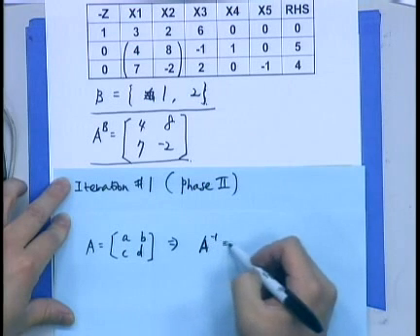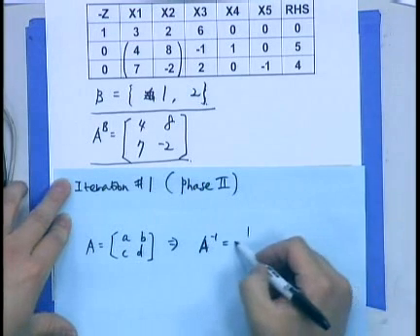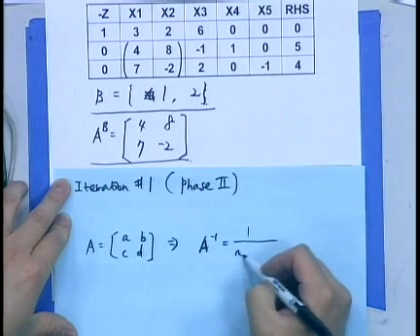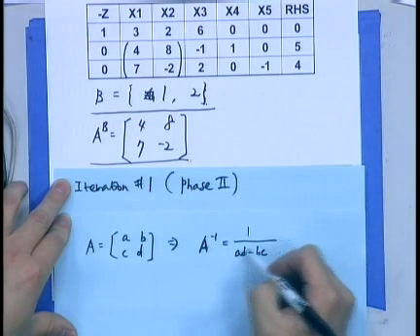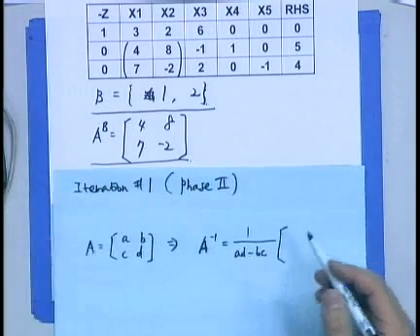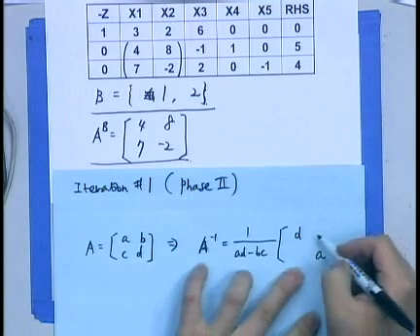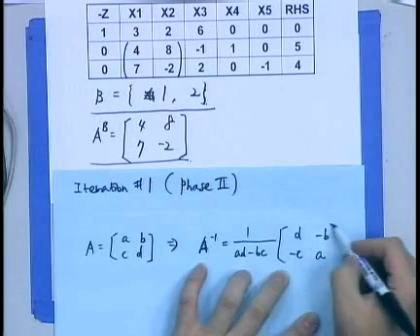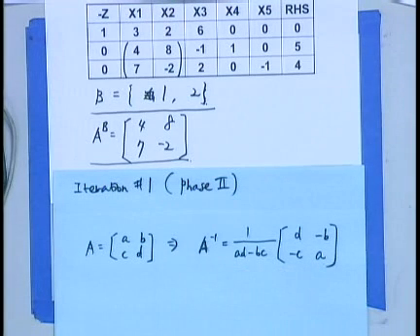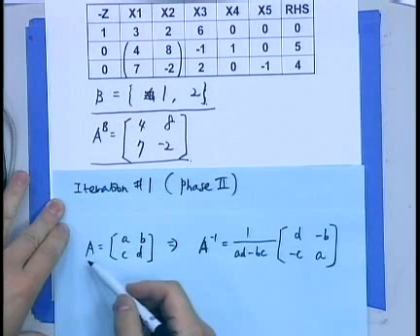Then the inverse matrix can be obtained by the formula 1 over ad minus bc times d, negative b, negative c, a, right? Or by using the Gauss-Jordan elimination method, you may obtain the inverse of this matrix. Okay?